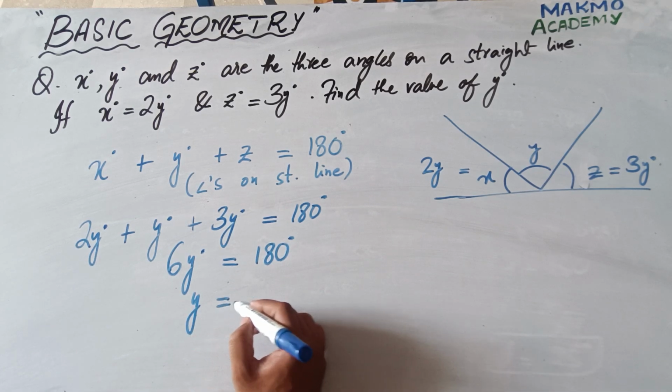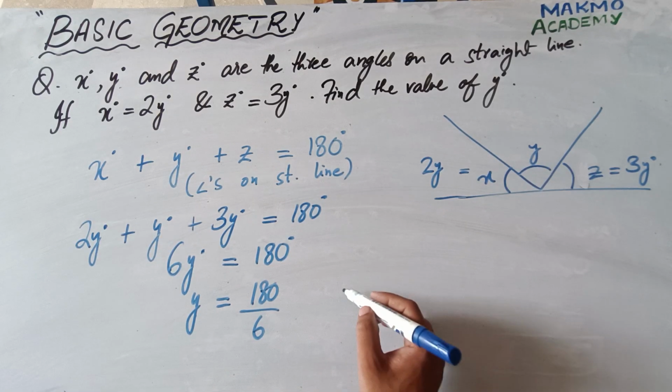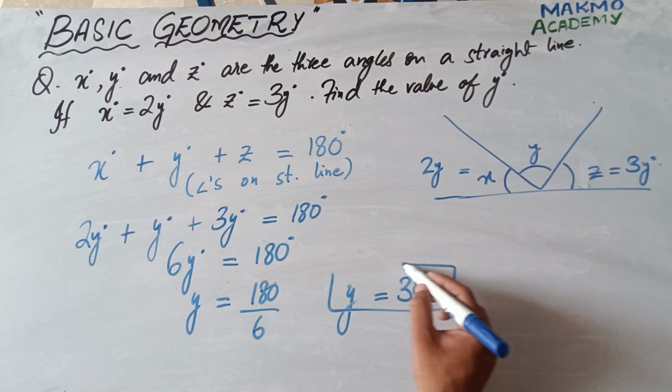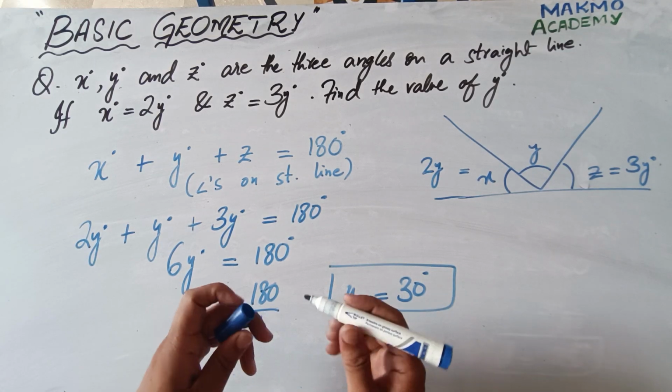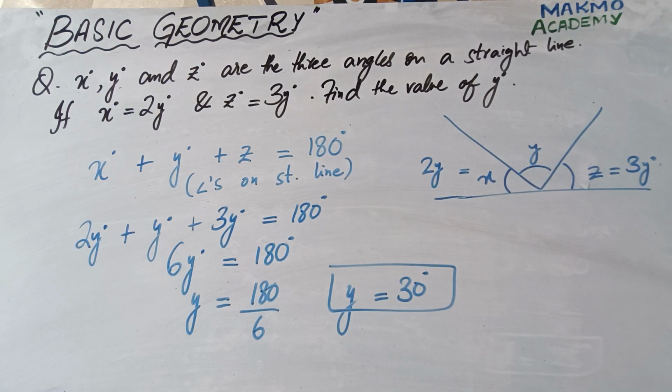Now y is equal to 180 upon 6, which is y equal to 30 degrees. So this is how we can find out the value of unknown, and they have asked us to find out the value of y.